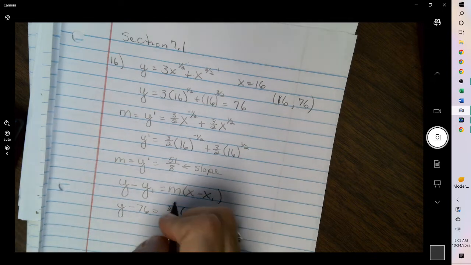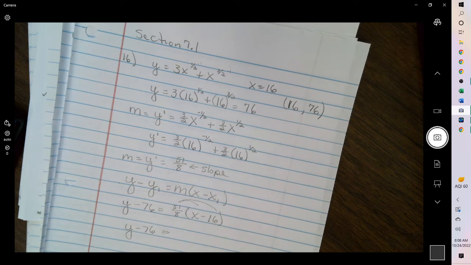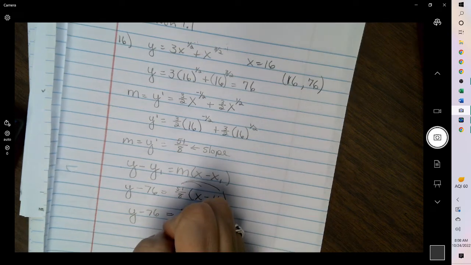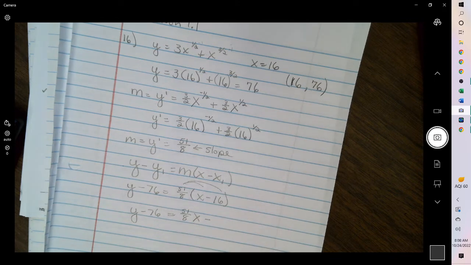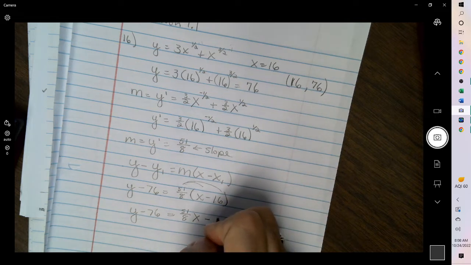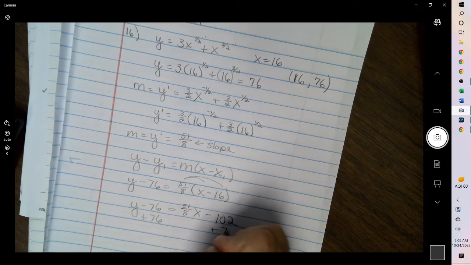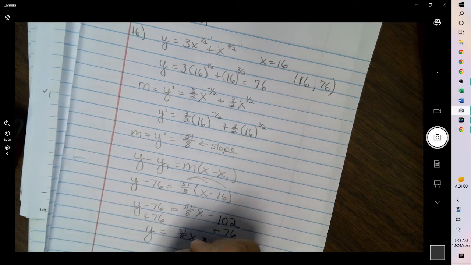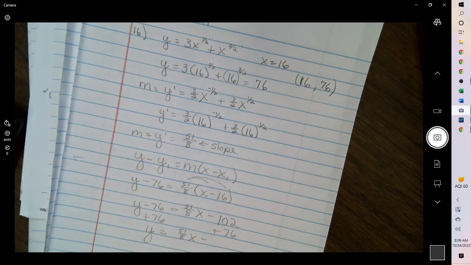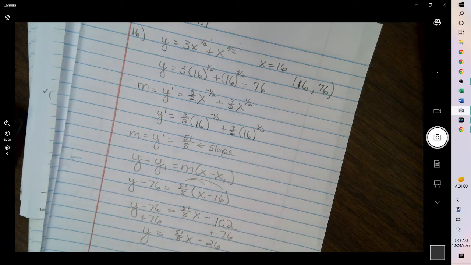Distribute the slope. 8 goes into 16 two times, 2 times 51, 102. Add the 76 to the other side, because you want it solved for y. And there's your equation of the tangent line.